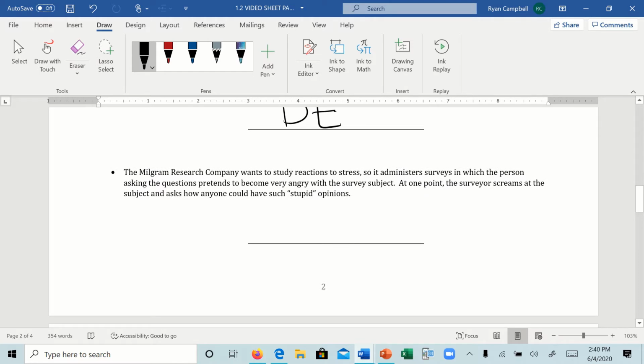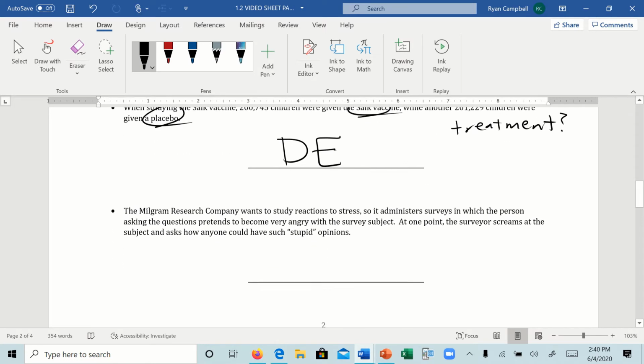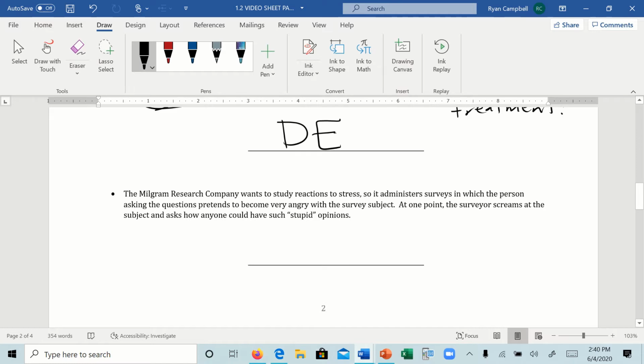All right. The Milgram Research Company wants to study reactions to stress. So it administers surveys in which the person asking the questions pretends to become very angry with the survey subject. At one point, the surveyor screams at the subject and asks how anybody could have such stupid opinions. So is this an observational study or a designed experiment?